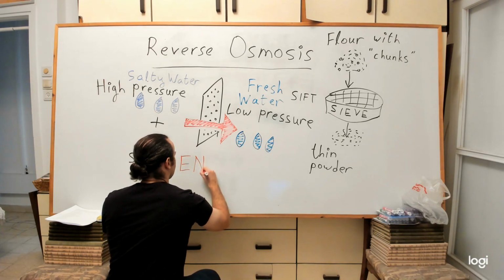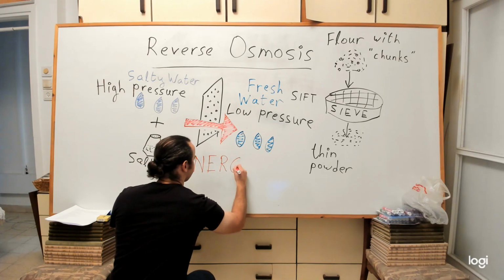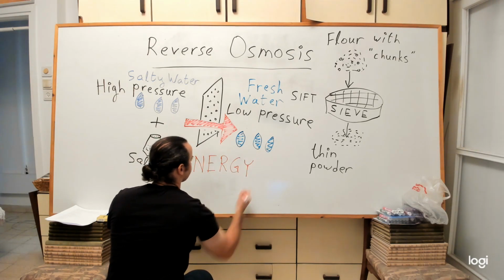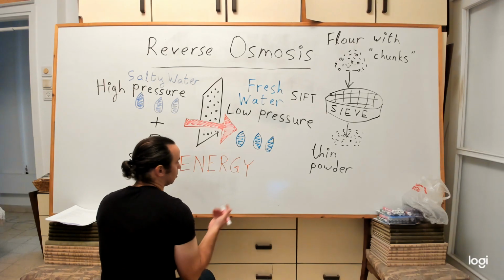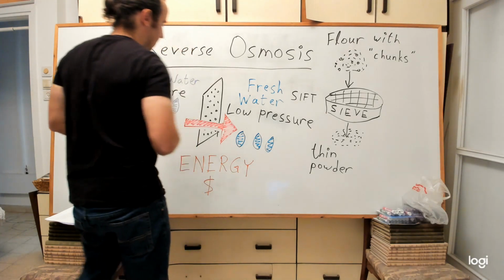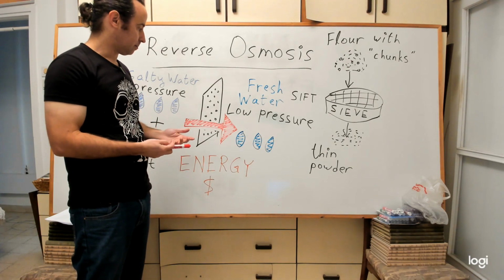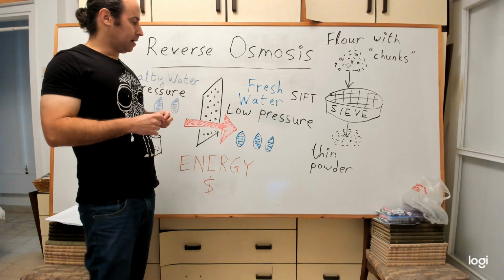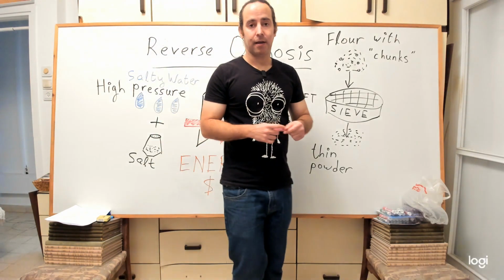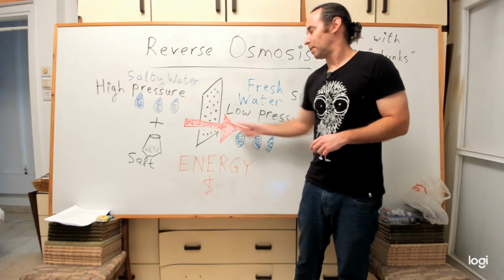Okay, so it requires a lot of energy, which means a lot of money. So many people have the sea, but they don't have rain, and they don't have enough money for the energy to make this process.